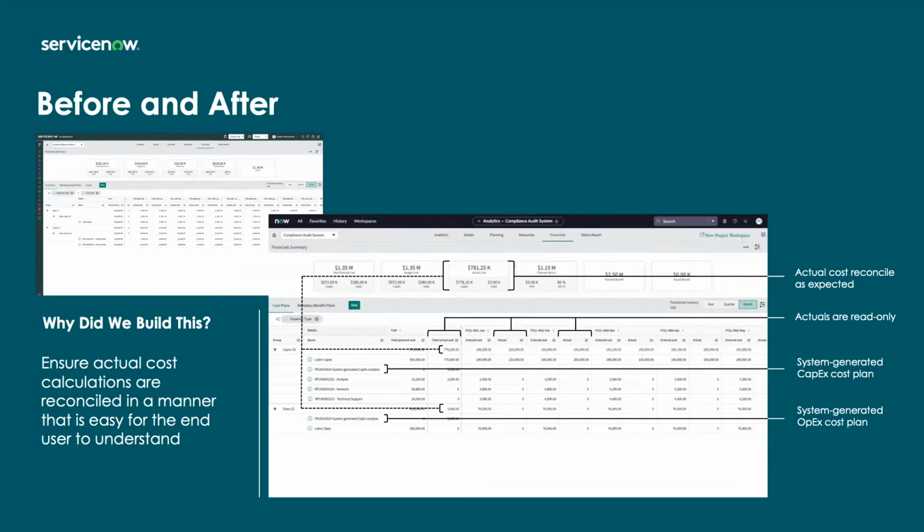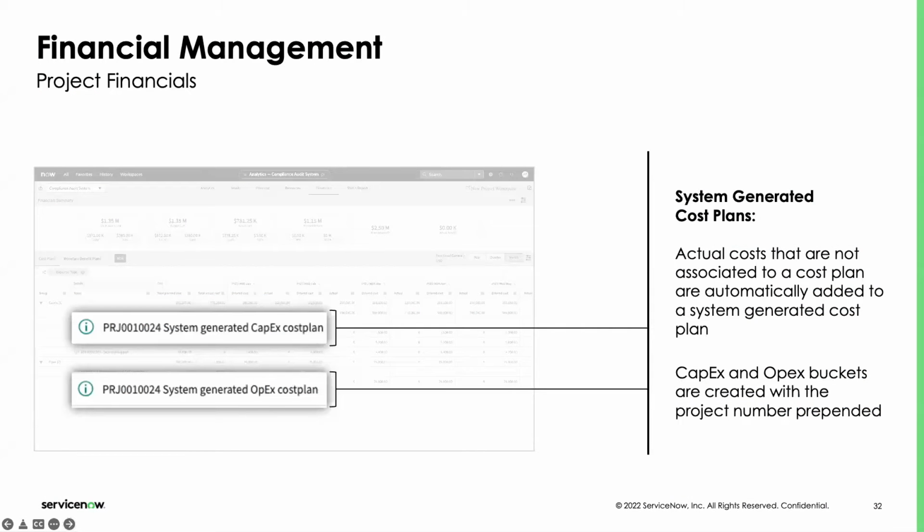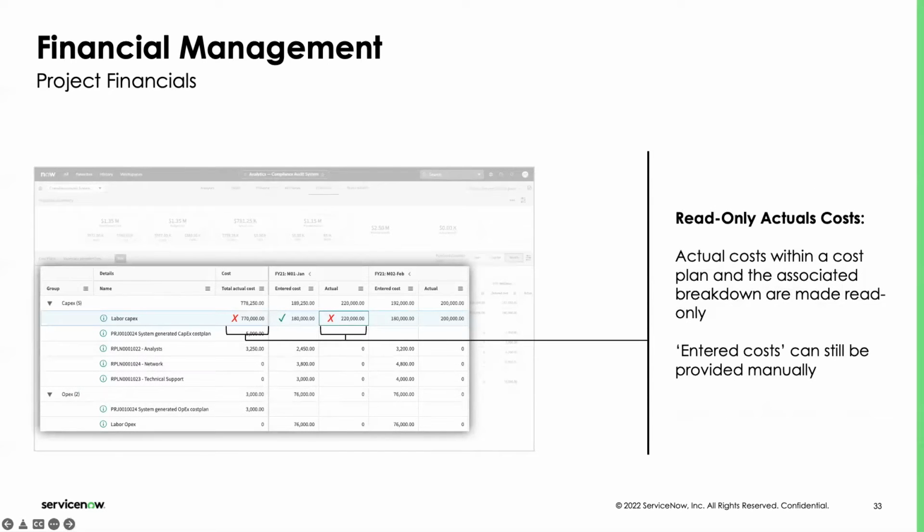With the enhancements called out in the previous slide, we now can ensure actual cost calculations are reconciled in a manner that is easy for the end users to understand. System-generated cost plans can be either CapEx or OpEx buckets with the project number prepended.